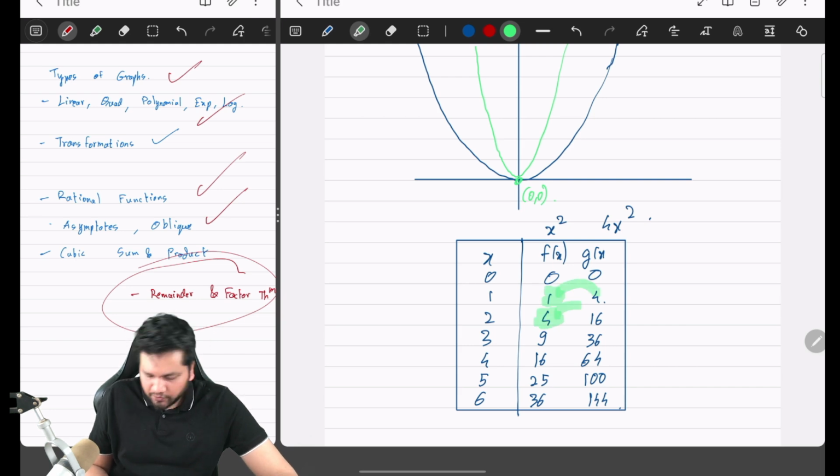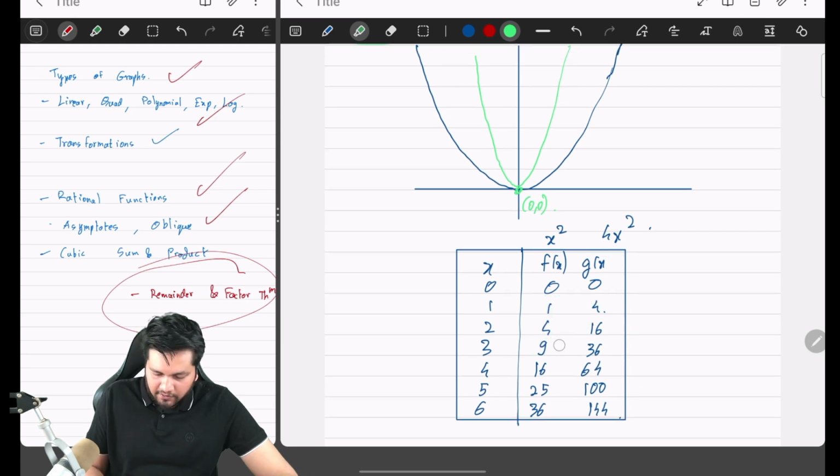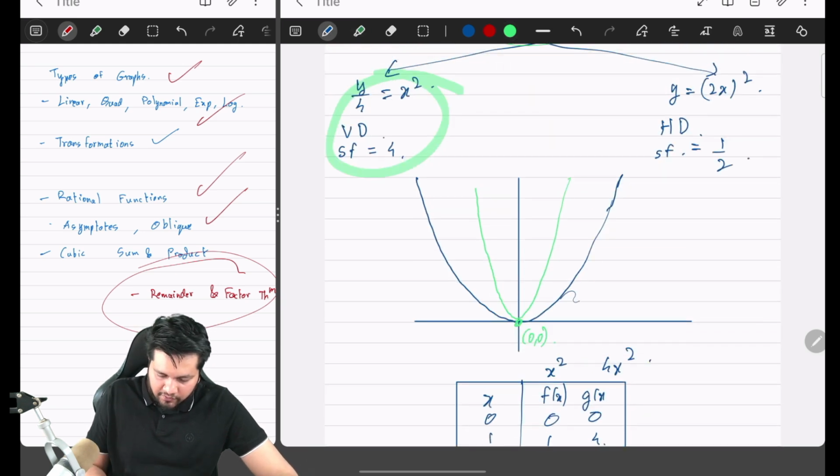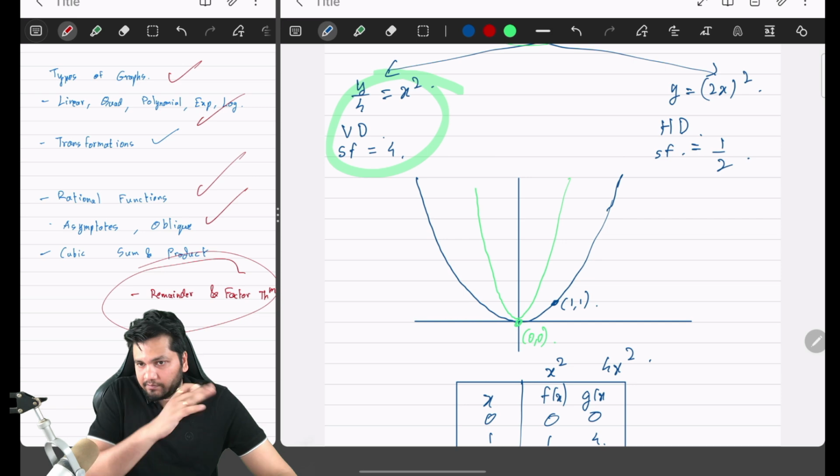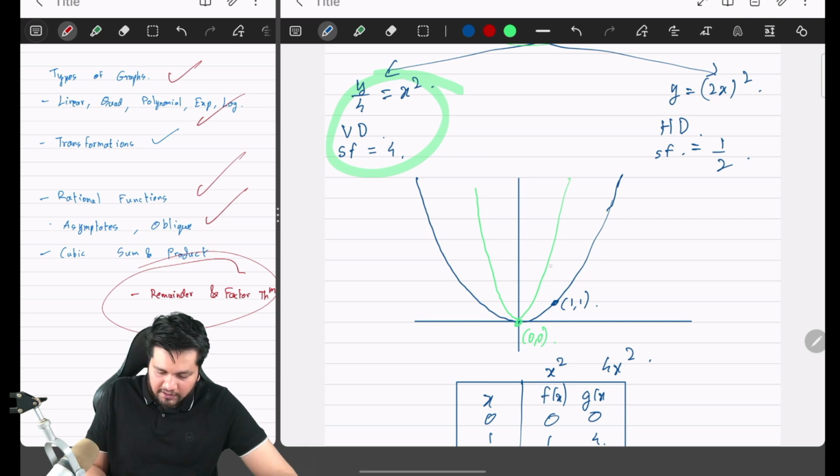When it is 4, it is 4 times 4. When it is 9, it is 4 times that. So you see, it's all multiples of 4. With respect to the graph, previously I used to get 1 at 1 in the previous graph output, but here I'm getting 4 times that, which is going to be 1, 4.